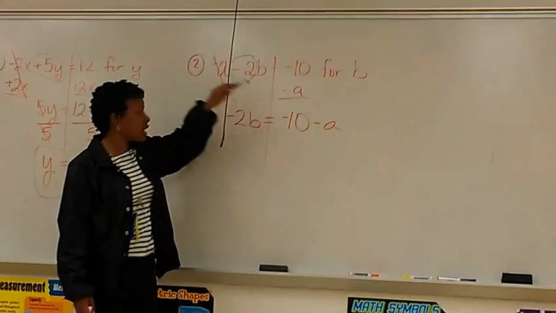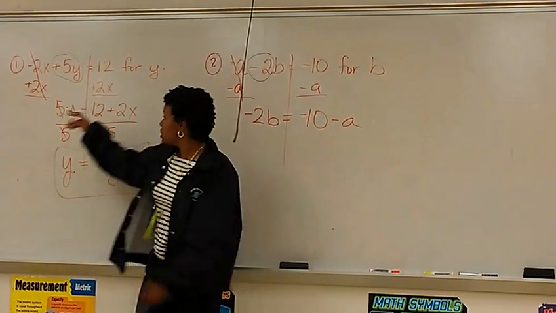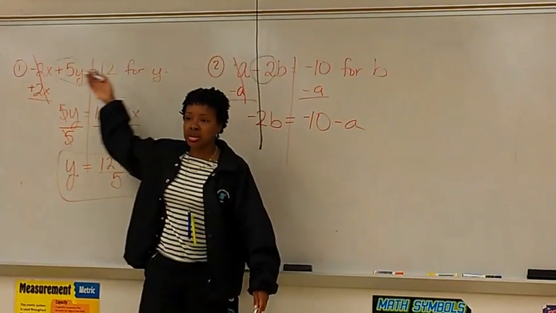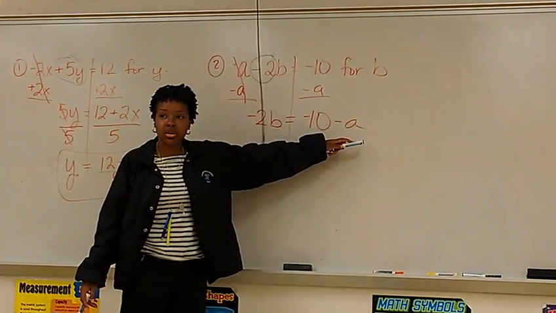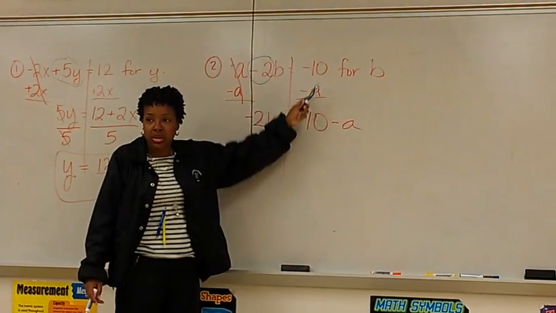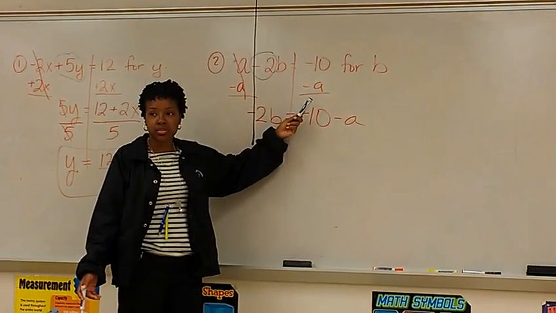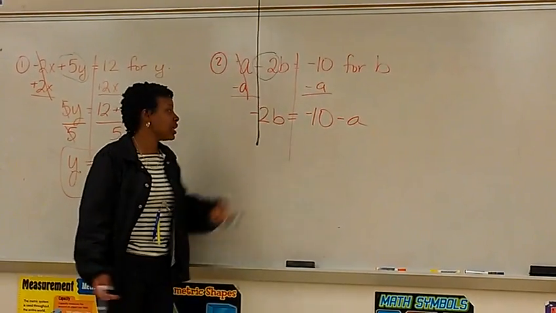You saw that? Okay, so now you can't put that together. If it was a number, we would just do negative 10 minus the number and put what it equals. But you can't do that because it's a letter. You get it? So you just write it out.